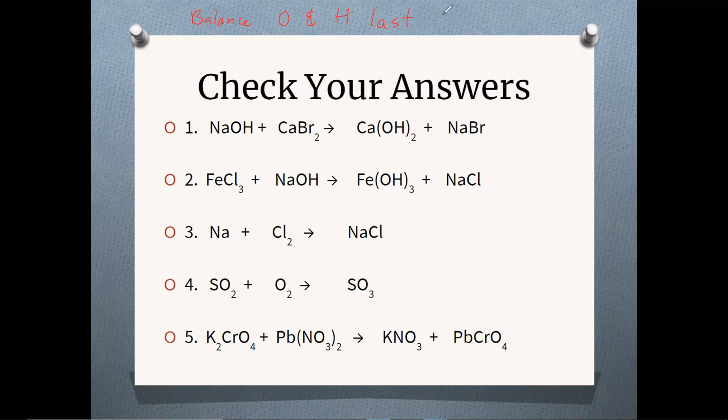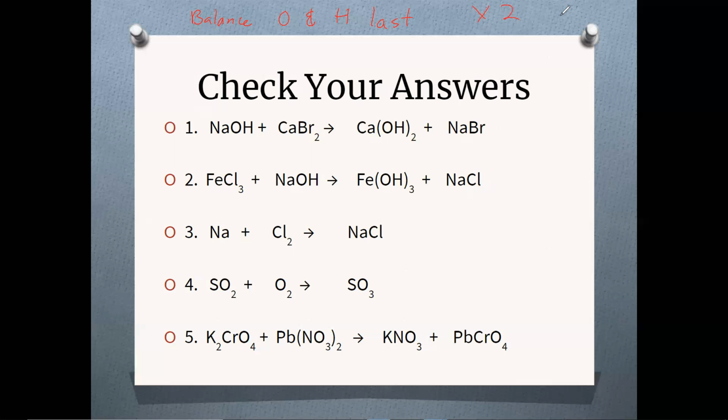If you do that, probably 8 times out of 10, they're already going to be balanced by the time you get to them and you won't have to worry about it. But if you start with them, it just becomes an issue. The other tip and trick that I have to tell you is, if it is not working out at all and you cannot figure it out, try multiplying everything by 2.